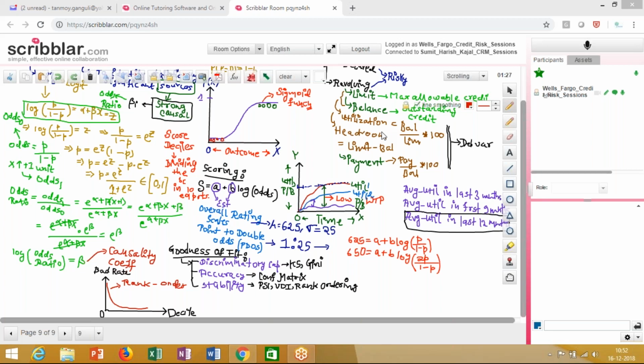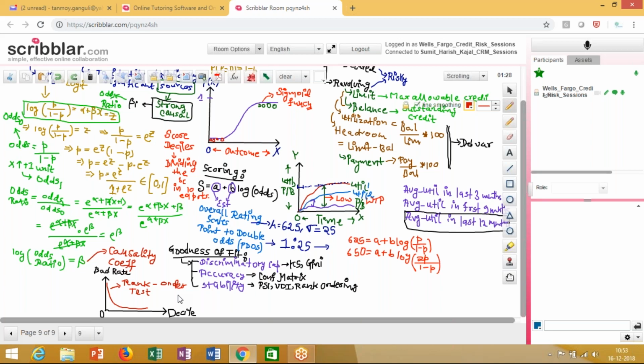Hence, this is the rank ordering test. So this is what your rank ordering is. The first basic check that must be satisfied is that this rank ordering test holds.